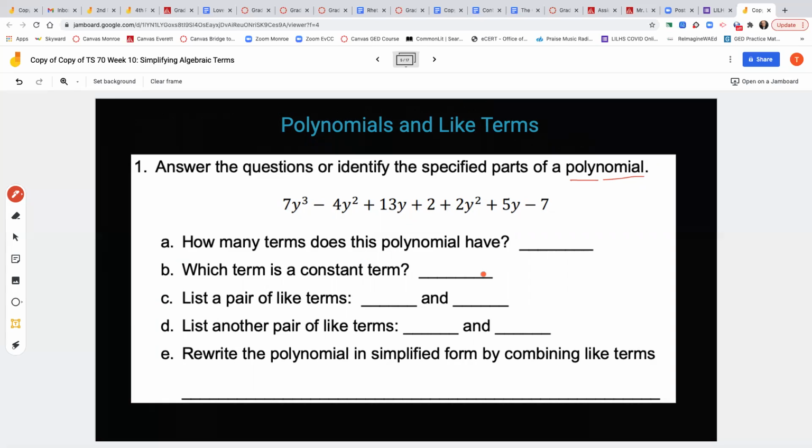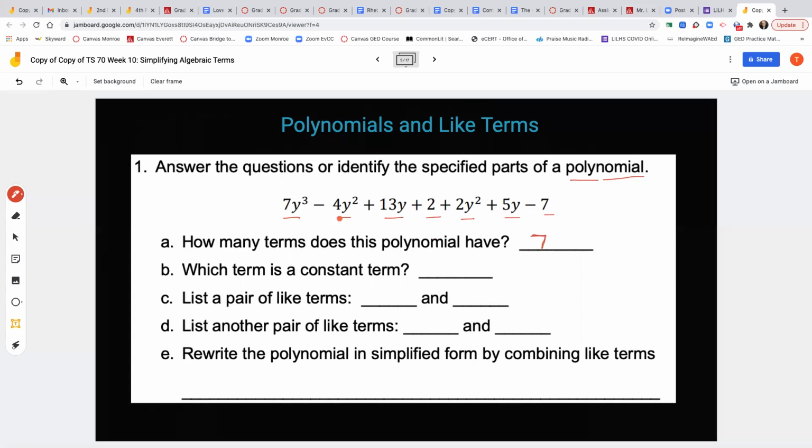I want you to look at it for a couple seconds and see if you can figure out how many terms, remember, things that are right next to each other, it has. If you're counting right, you counted 1, 2, 3, 4, 5, 6, and 7. So there are 7 terms in this polynomial.